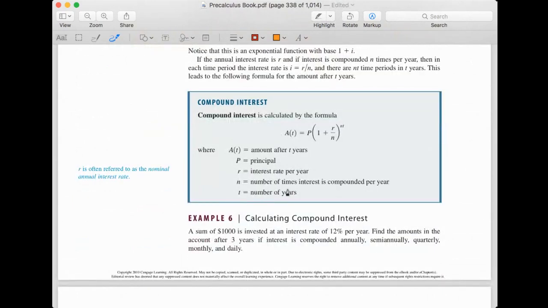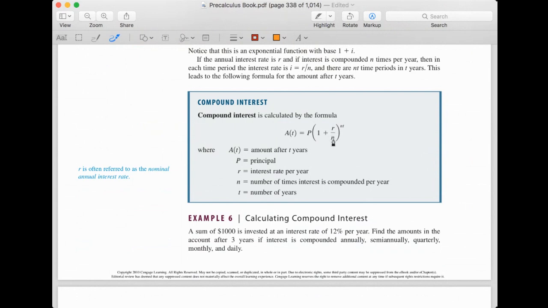Also in statistics class, we have this compound interest formula. We can understand this as a function, right? A of t is a function in terms of t, equals the principal, the money we put in the bank, multiplied by 1 plus r, where r is the annual interest rate divided by n.